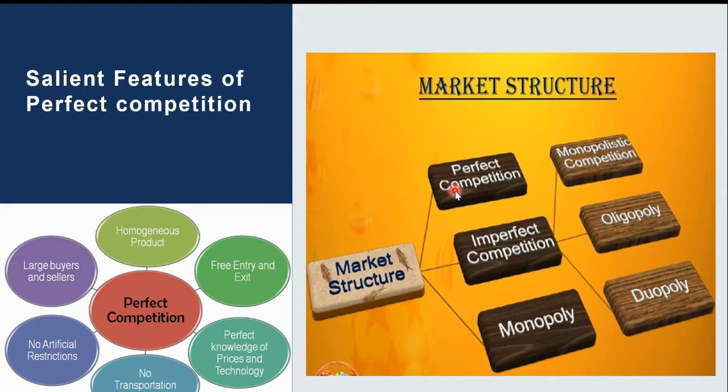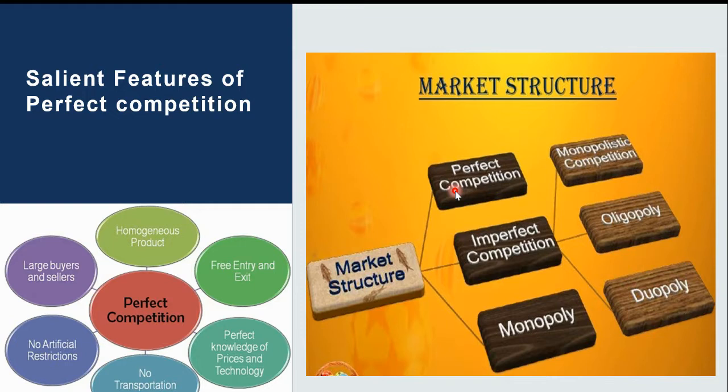There are innumerable. How many sellers are there? There are innumerable. So a perfect competition has a large number of buyers and sellers, and they are engaged in buying and selling homogeneous product at uniform price. And there is no artificial restriction in this type of market, and the buyers and the sellers have perfect knowledge of the market at a time.